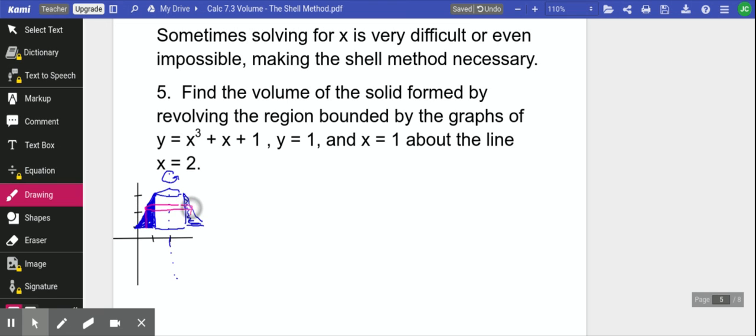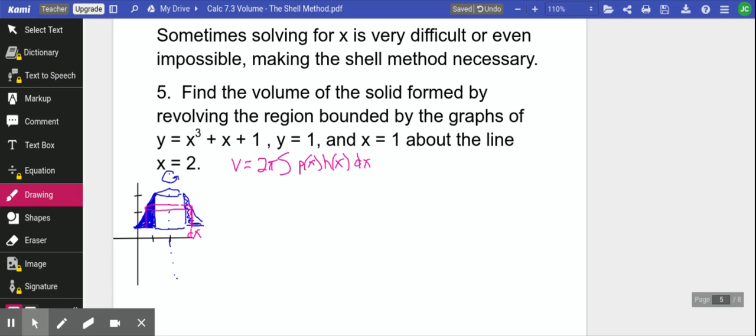So here is one of them, what one of them is going to look like. Notice this shell has a thickness in the x direction. So everything here is going to be in terms of x's, which is what we want. We can't do it the other way. So our volume is going to be in shell 2 pi, and we want the radius in terms of x, the height in terms of x, and then dx.